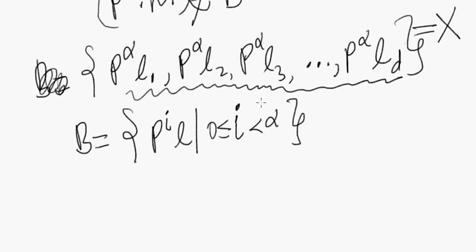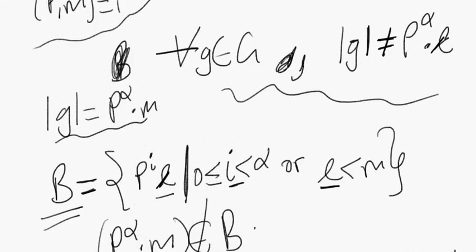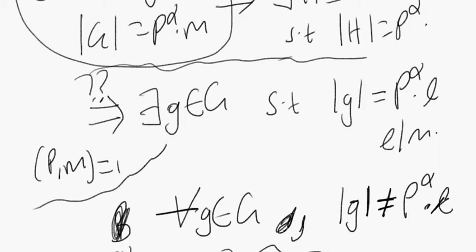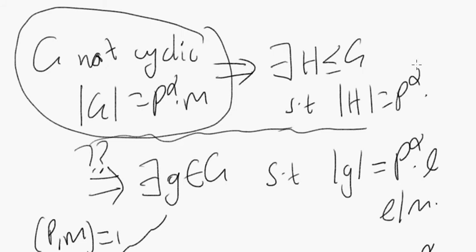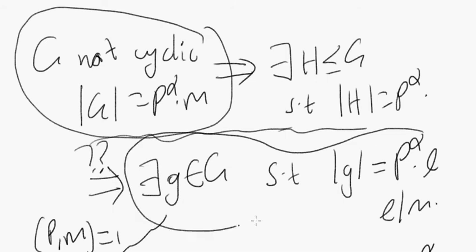So this approach seems to just be leaving us with many mysteries. Maybe looking at the set of all possible divisors of p to the alpha times L is not necessarily the way to go. But the question still becomes, how else can we show that there's an element of the group whose order is p to the alpha times L?